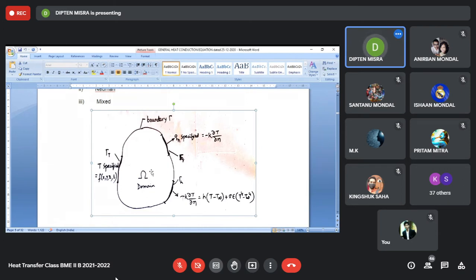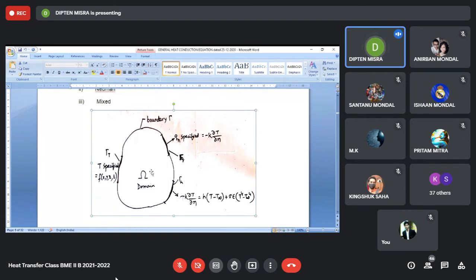Now, I am saying we must know, apart from the governing equation, the boundary condition and or initial condition. I say 'and or' because in some problems, if it is a steady state problem, then no initial condition is required. The problem is invariant with time. So in this class of problem under steady state, only the boundary condition may be necessary to be known.